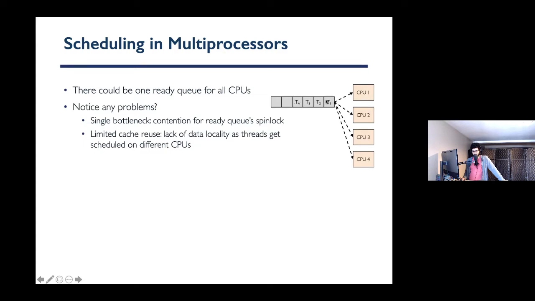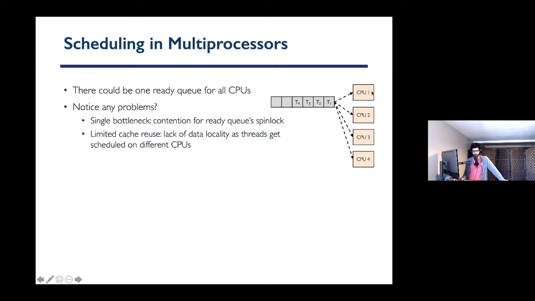Now, next time T1 is on the front, it could be dispatched by any of the other processors. So it could go to CPU 1 or it could go to CPU 3 this time. And whatever T1 has cached here, let's say it just cached a lot of stuff and it came back. Let's say the system is actually empty.